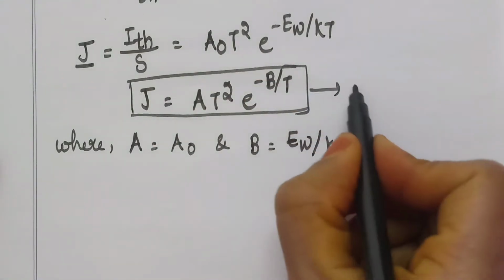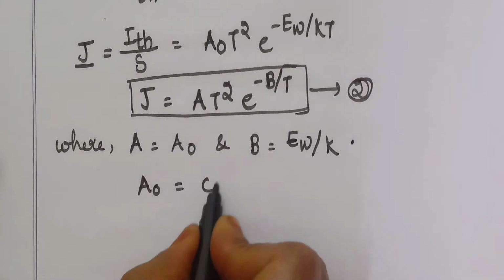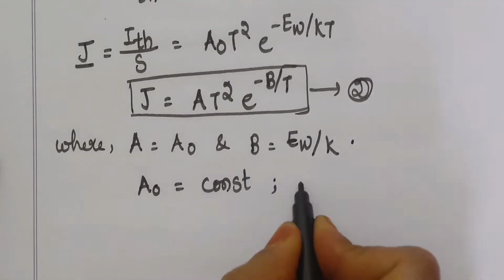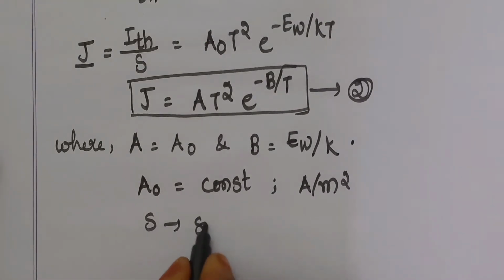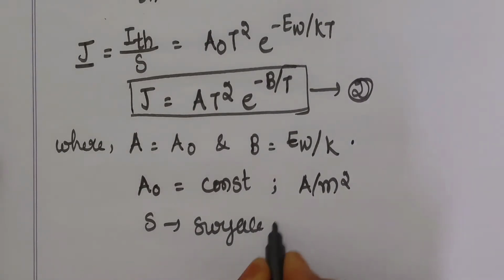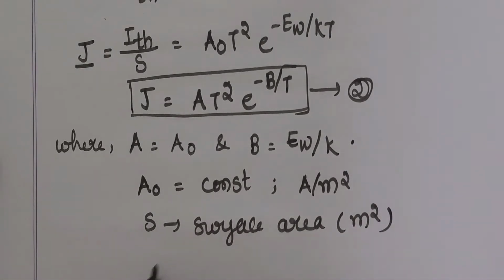Let us say this is equation number 2, where A0 is a constant whose dimensions are in amperes per meter square, and S is the surface area and its units are meter square. T is the temperature in degrees Kelvin.